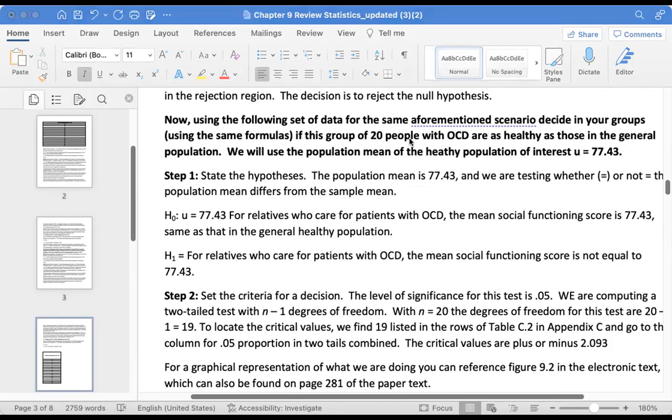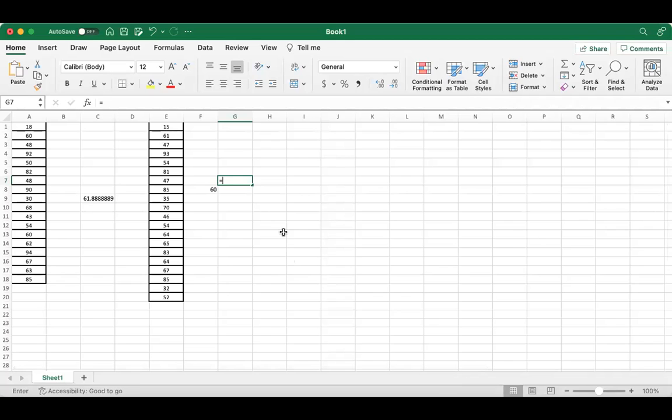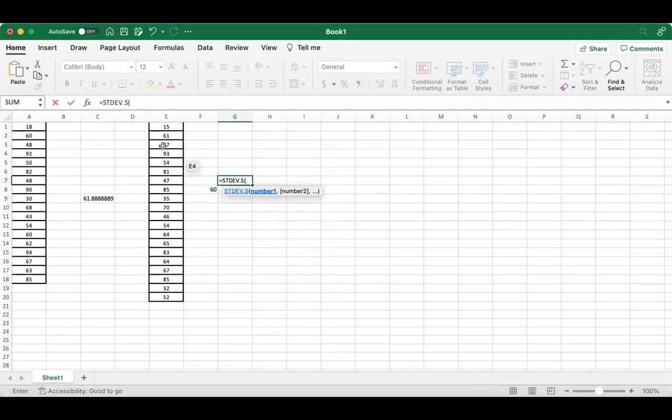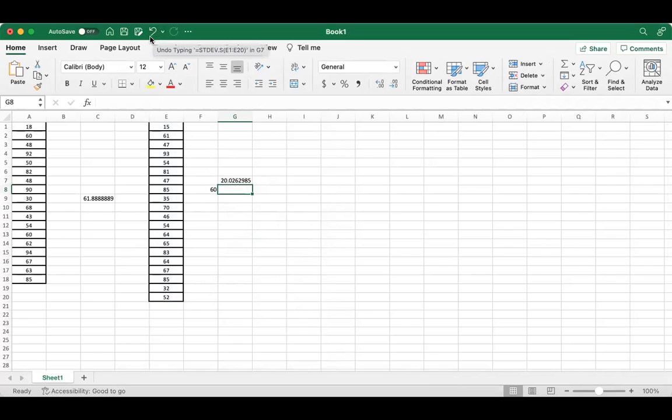Equals STDEV. The standard deviation is 20.26, is that right? No, 20.02. Oh, that's kind of small.